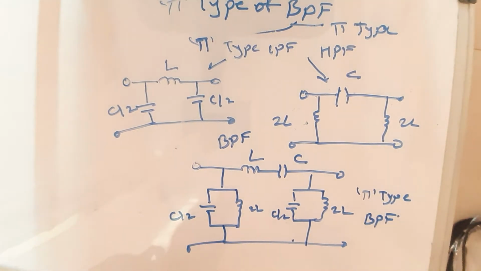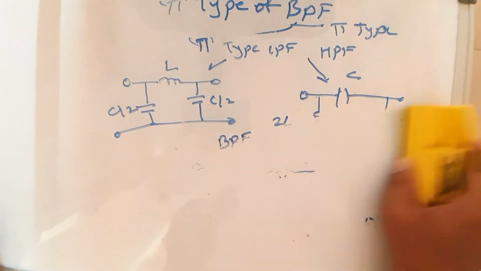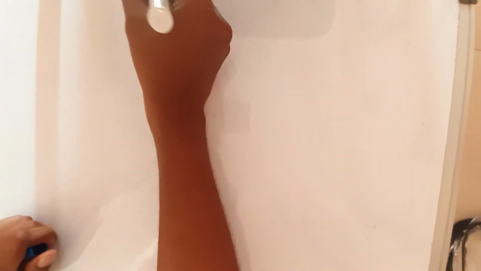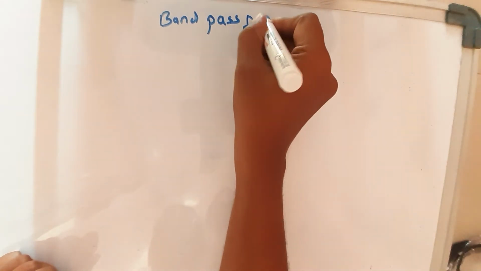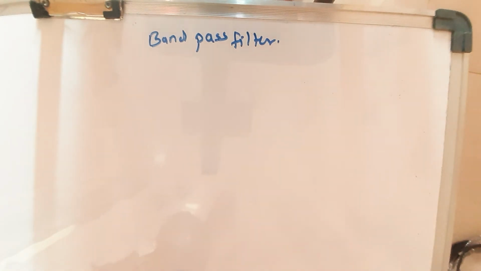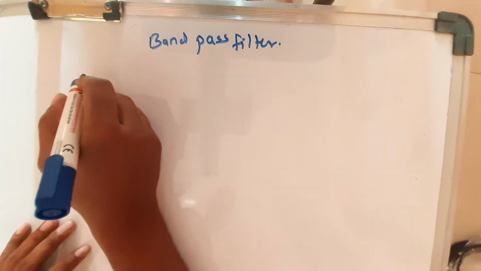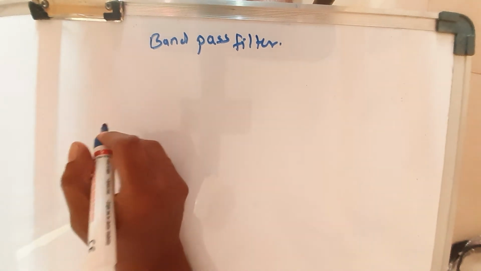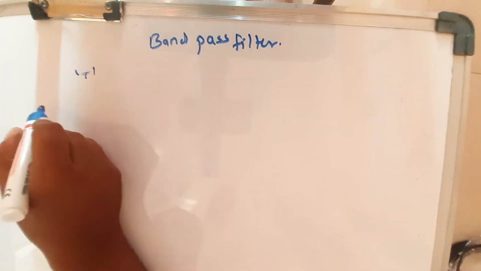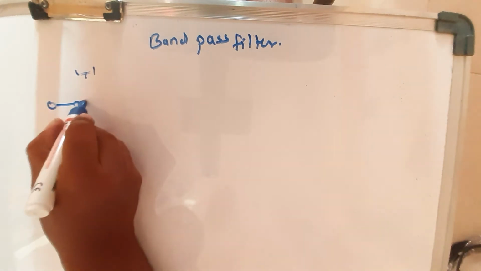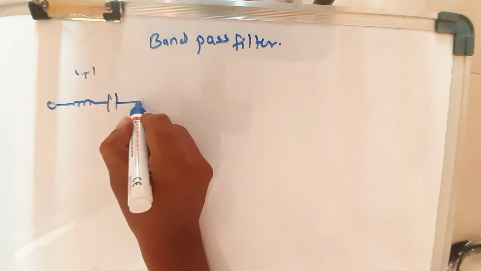So here we will study the circuit diagram of T type of band pass filter and pi type of band pass filter. Again I will draw it. So in band pass filter design, okay, I will draw the circuit diagram T type.